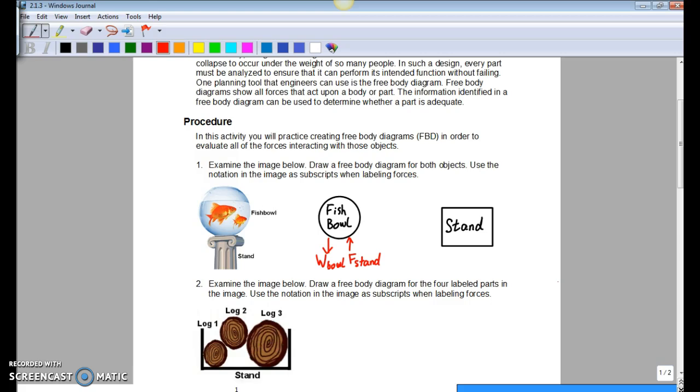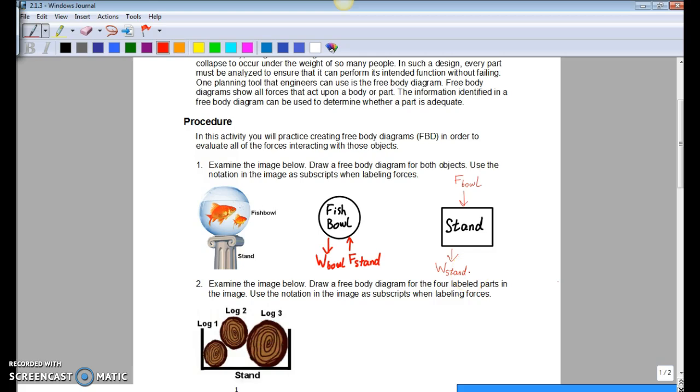I like to look from the top down on this. From the top of the stand, we have this force coming down on the stand from the bowl. And from the stand itself, we also have this force of weight. We're going to call that W of stand.